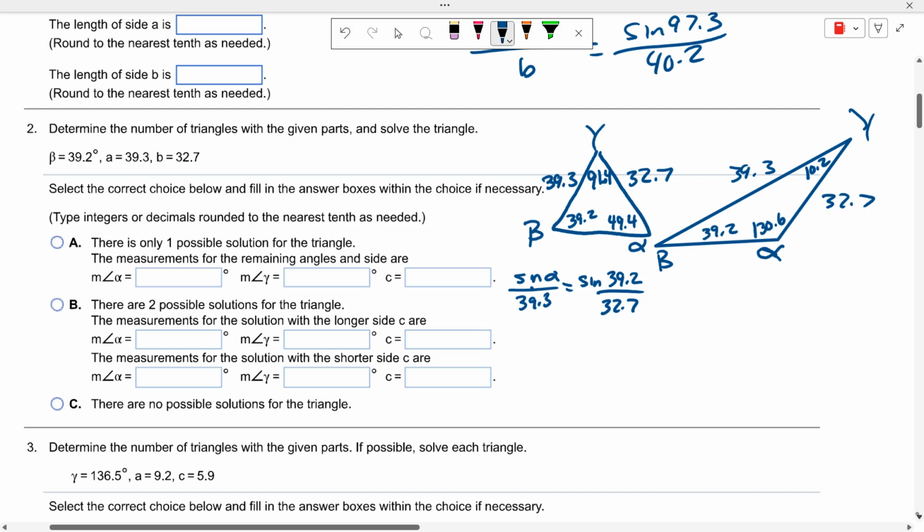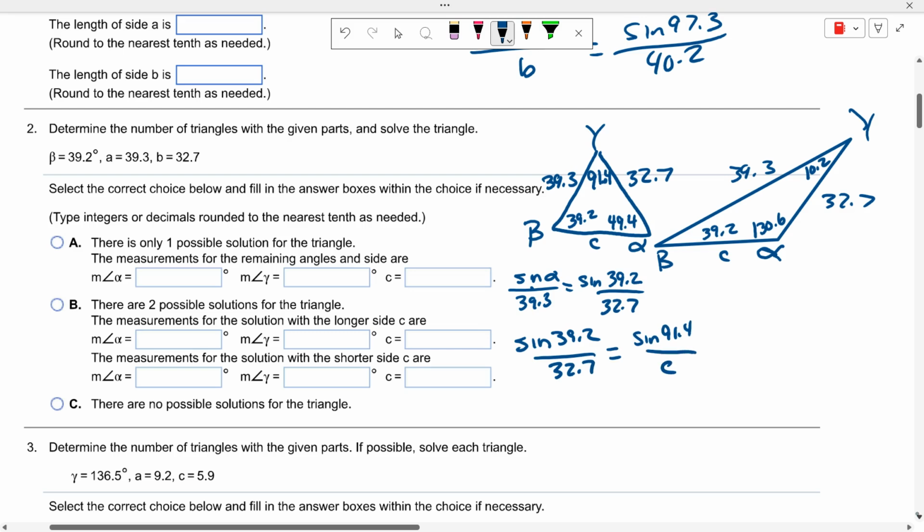So then we just have to find C in each. To find C, use what you started with. The sine of 39.2 over 32.7 equals the sine of 91.4 over c.